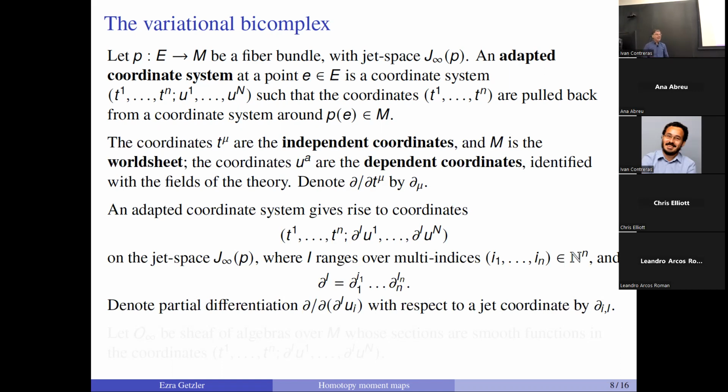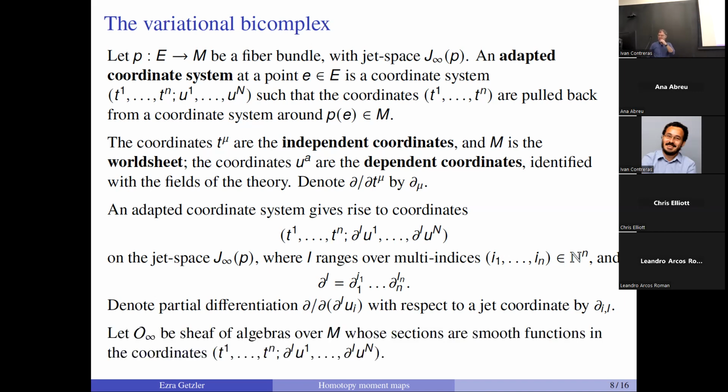So any questions about that? That slide has twice as much information as you're allowed on a slide, but it's time to move on. This is like I'm doing all of first year calculus on one slide. Okay, so let O sub infinity be the sheaf on M of functions in these variables.